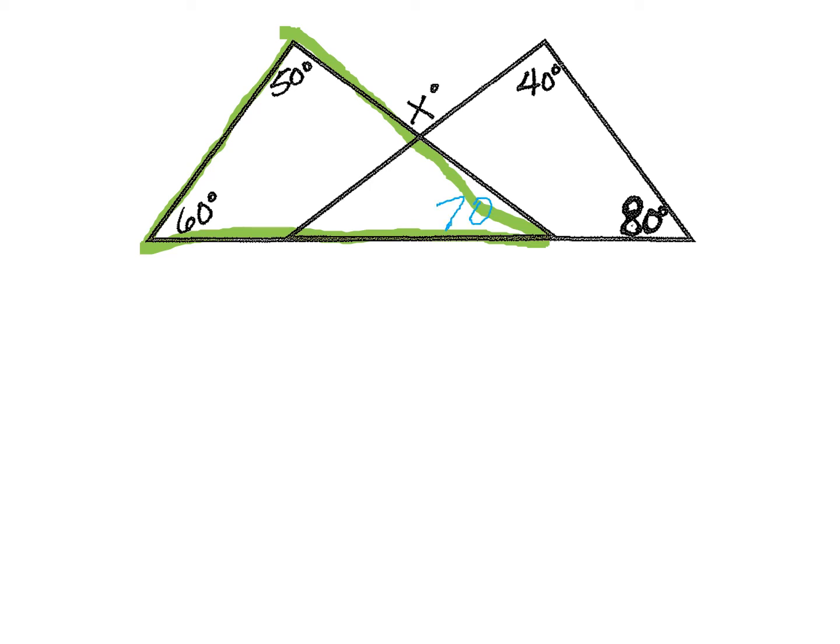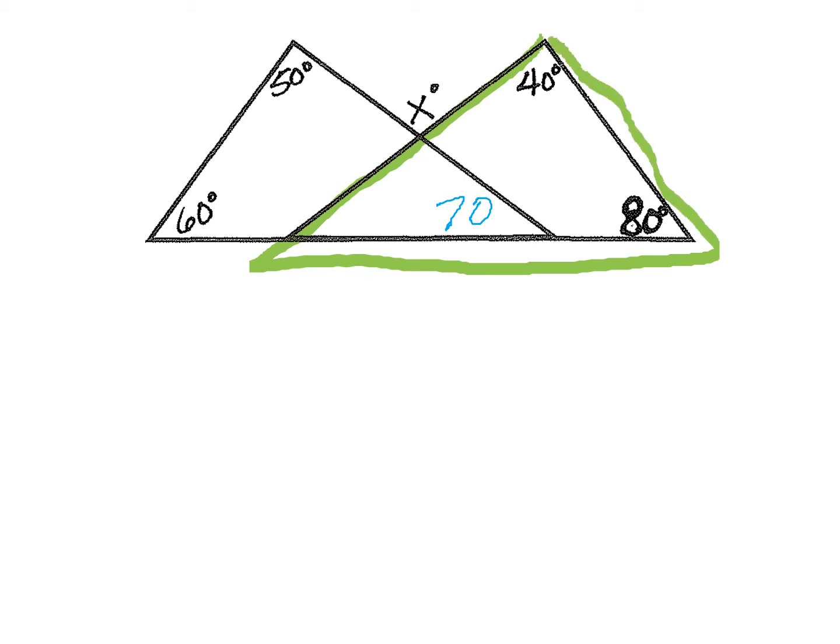And then you've got the other triangle going this way. Okay, all triangles make 180. Now, is 70 part of that triangle? No, not really. 70 is the corner for the other one. So we're just going to look at this corner and 40 and 80. So 180 minus 40 minus 80 leaves us 60.